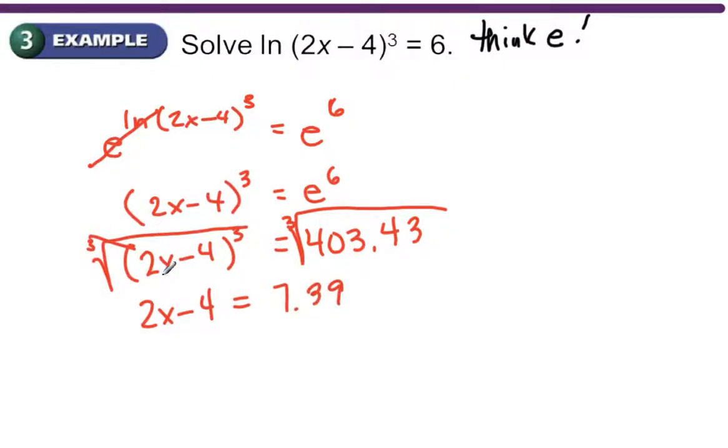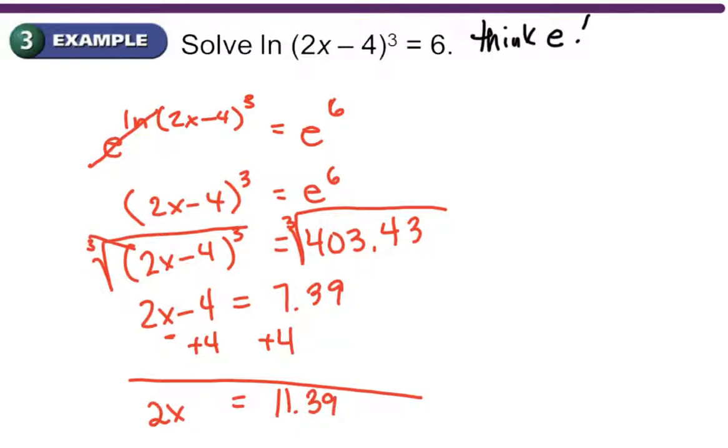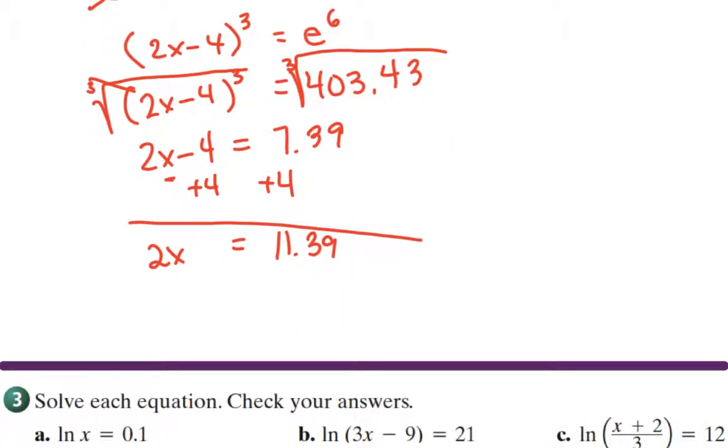7.39. Now solving this for x, we're going to add 4 to both sides. 2x is 11.39, and divide both sides by 2.